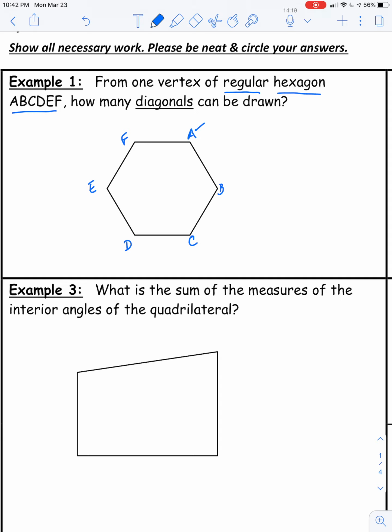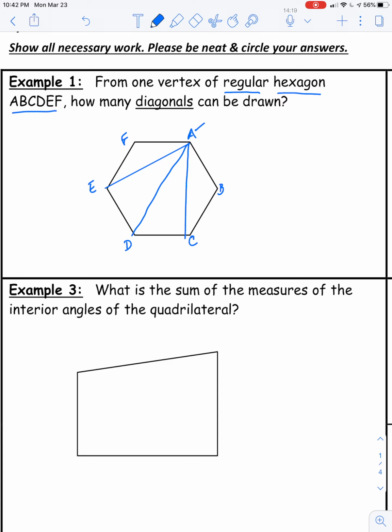Now remember, a diagonal goes across the polygon or through the polygon from one vertex to another, but they have to be non-adjacent. So if I start with A, I can draw a diagonal from A to E. Those are non-adjacent vertices. I can draw one from A to D, and I can draw one from A to C.